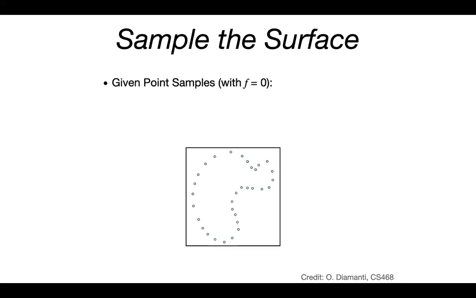So we give point samples that are on the surface, so the value of f is 0. If you imagine, for instance, a curve or a mesh, you have the vertices. These would be the vertices of your geometry, of the surface that you are interested in. And then we are assuming that there's an inside and outside. First you give these point samples with f equals 0.